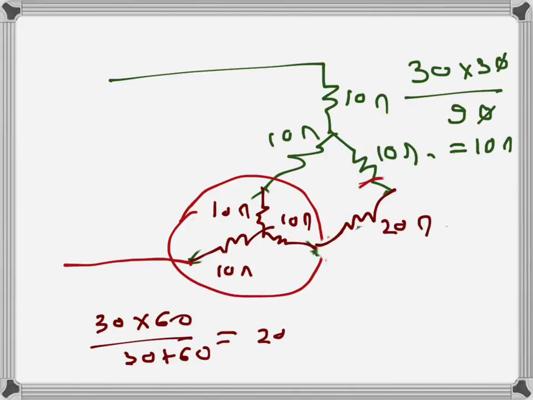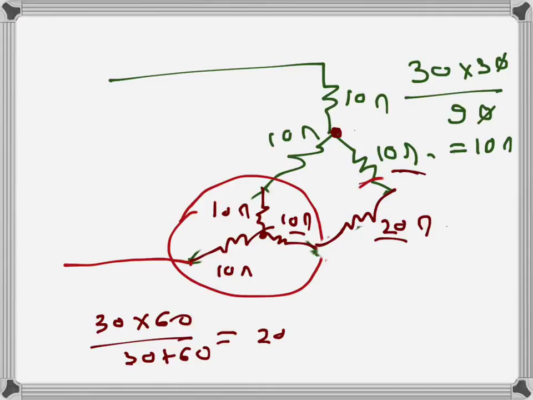Now this is becoming rather simple. We have this 10 ohms, this 20 ohms and this 10 ohms, these three resistances in series, because this is one node and this is another node here.